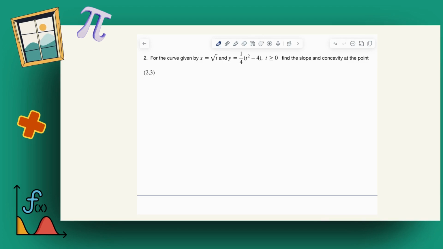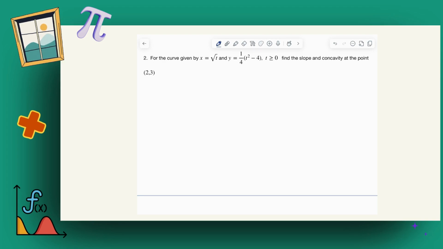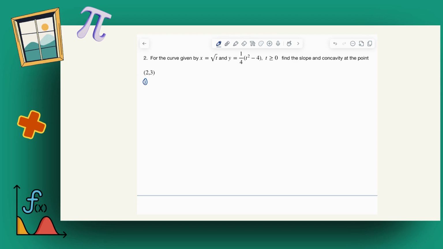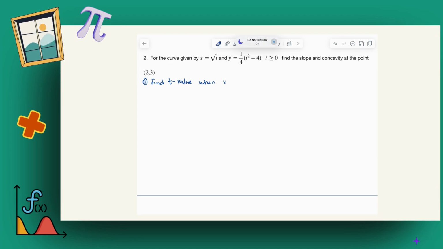For our next example, we're going to find the slope and concavity at a given point. So I notice that I am given the point in terms of x and y, but since I'm given parametric equations, I need to find the t value when x is equal to 2 and y is equal to 3. So that's going to be our first step so that I can apply this information to my parametric equation.